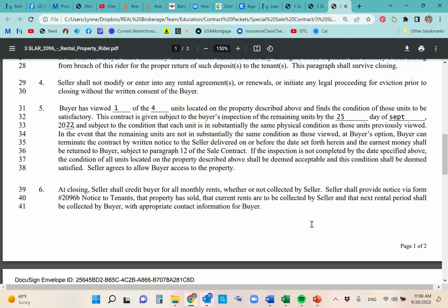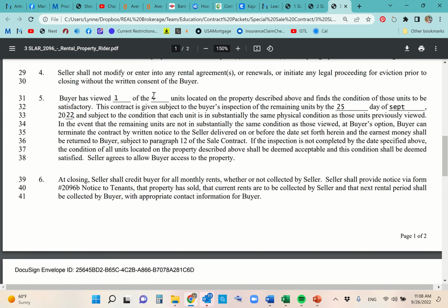The other thing that's important on this is that we did this like it was a 4-family. Let's say you've only viewed 1 unit because the other 3 are occupied. Well, this basically says that by whatever date you put here, the buyer is guaranteed the ability to walk through all the other units. Typically, people will do this with the inspection when the inspector goes through, so you only disturb tenants 1 time, maybe 2 with an appraisal.